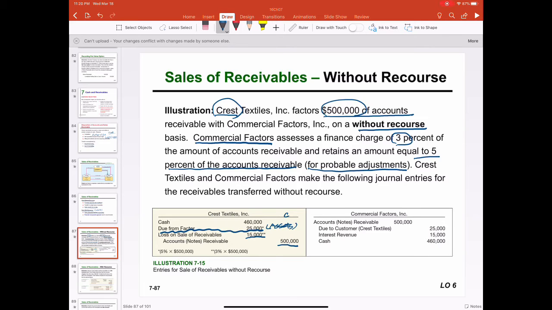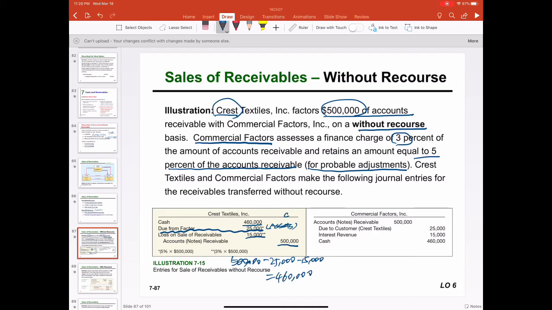If that happens, for example, a return of the goods, which will decrease the accounts receivable balance, this will be a potential adjustment in the future. Then the total cash received by Chris is the difference between 500,000 and the 25,000 due from factor and the loss.